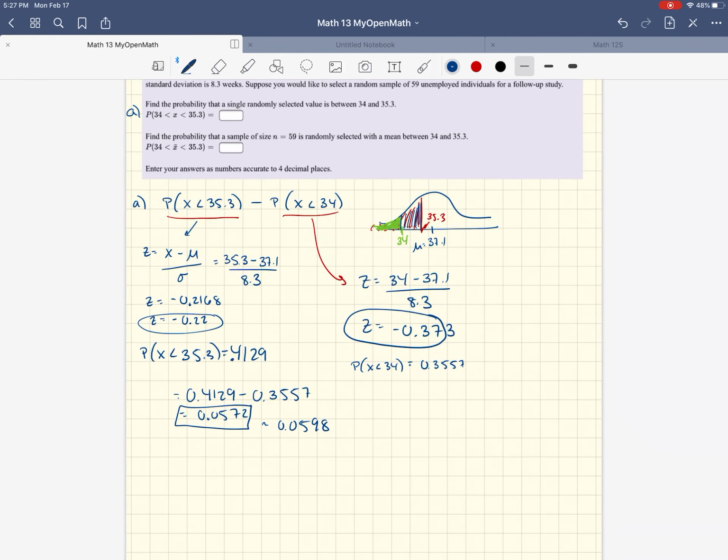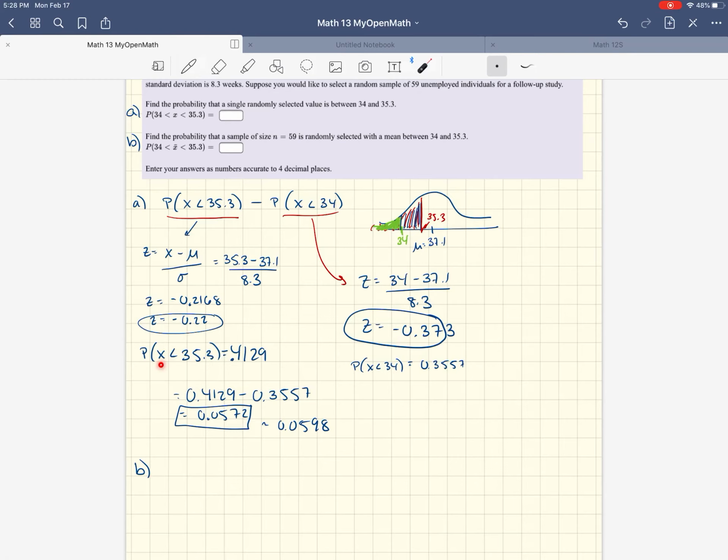Okay, let's do part B because I really want to show you how they're different. In part B, we have the same kind of question. Find the probability that a sample of size n equals 59 this time is randomly selected and that sample has a mean between 34 and 35.3. So now we're finding the probability that a smaller sample has a mean between 34 and 35.3.